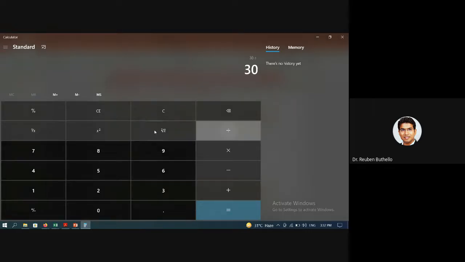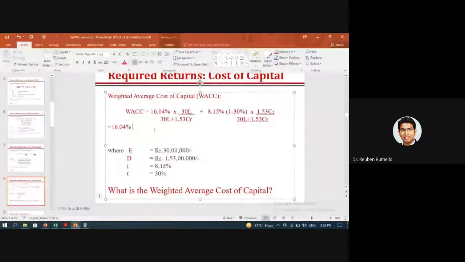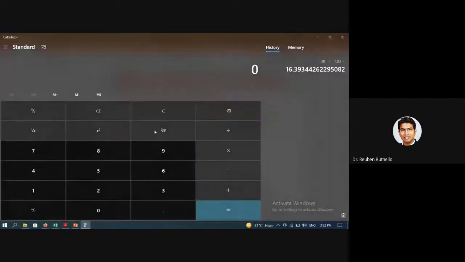Sorry, not 30, it is 0.3, because 30 lakhs is 0.3 divided by 1.83 crore. So it is 0.1639.